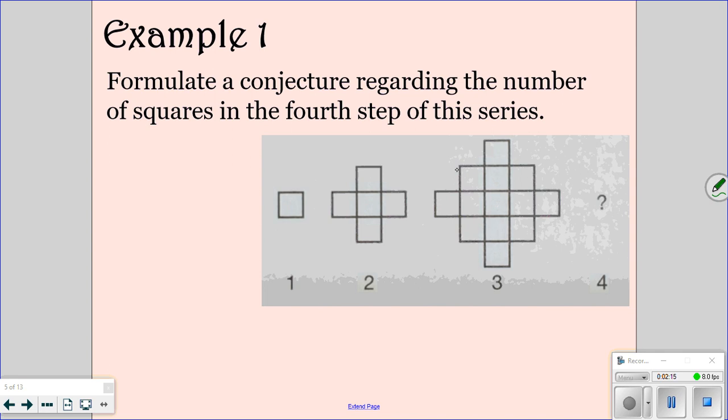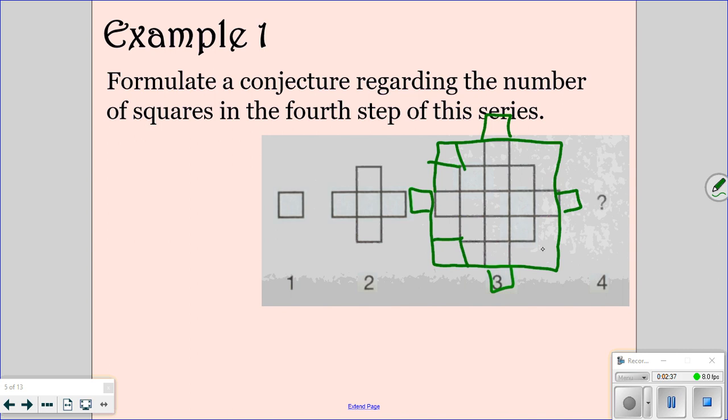So the next one would be to make a bigger square, and then to add 1 to every side. And then you would just count your squares here. So this is a 5 by 5, so that would be 25, 26, 27, 28, 29.